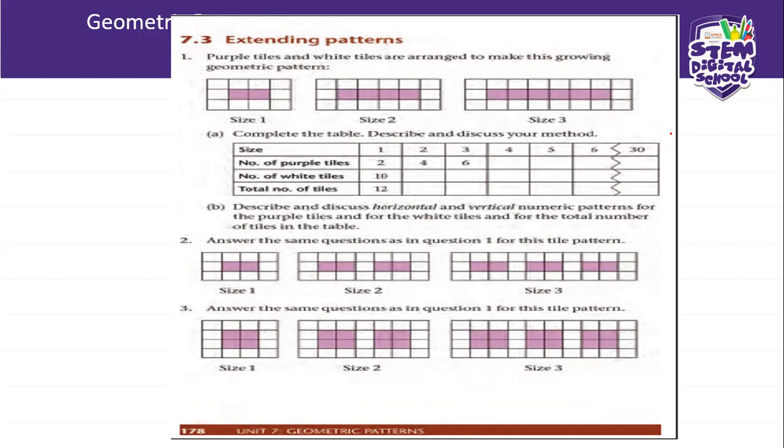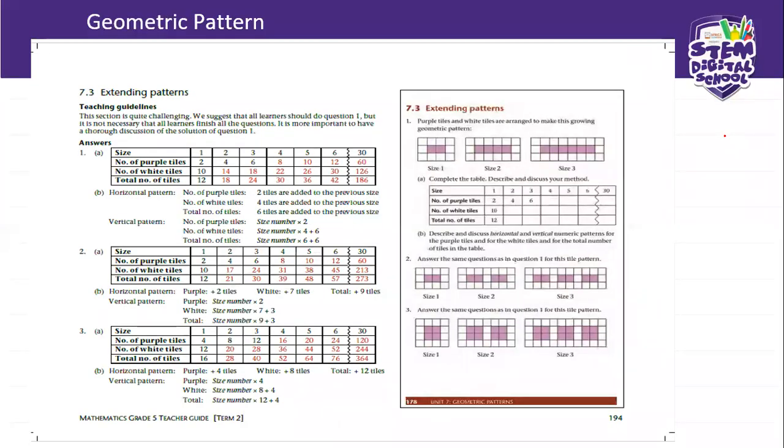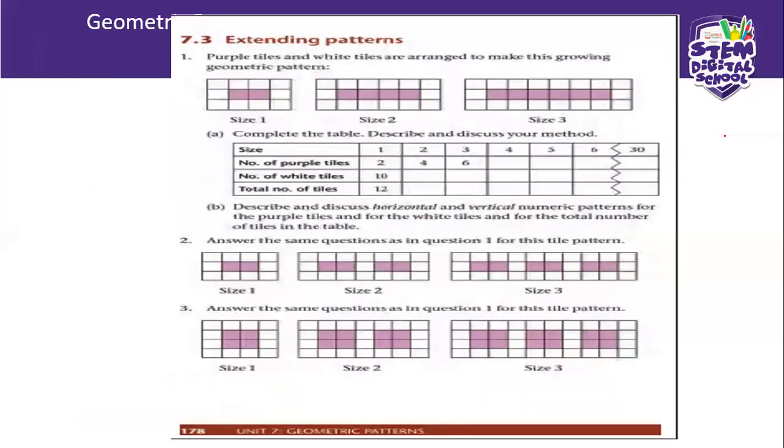The purple blocks do increase, the white blocks do increase, and all in all the total number of blocks increases. But now we need to understand what patterns we need to recognize.